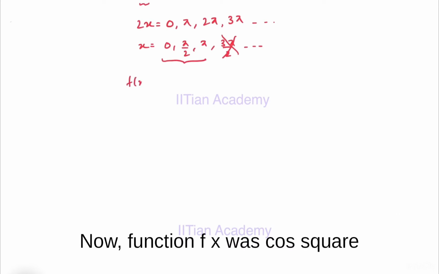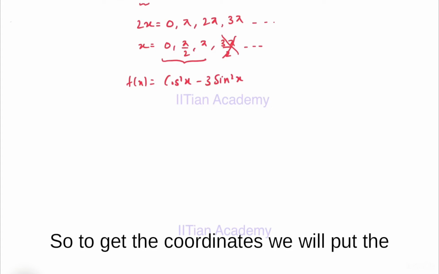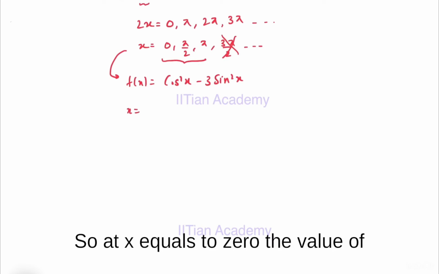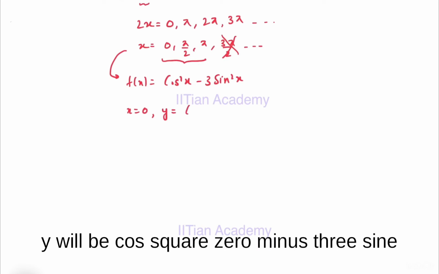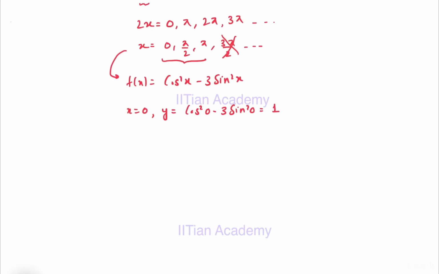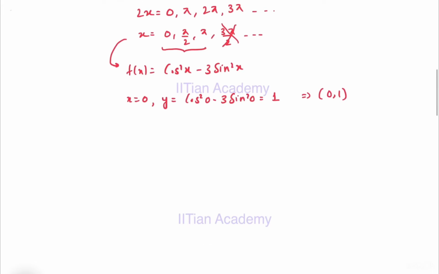Now function f(x) was cos square x minus 3 sin square x. So to get the coordinates we will put the value of x in the function f(x). So at x equals 0, the value of y will be cos square 0 minus 3 sin square 0, which will come out to be 1. So one of the coordinates is (0, 1).